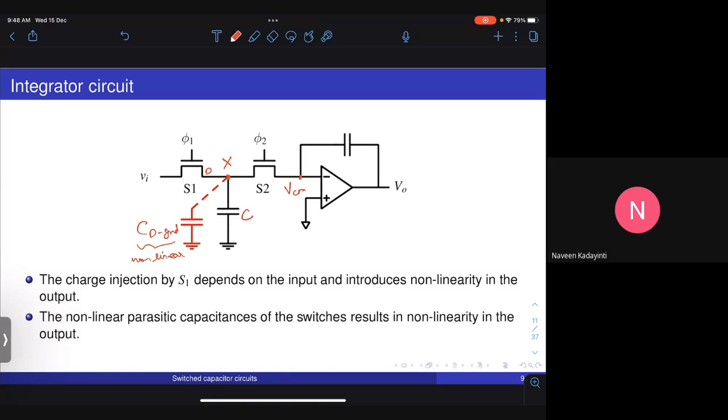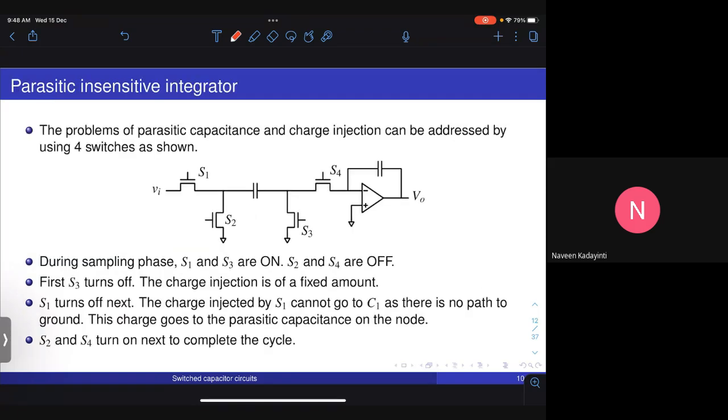Okay, so this can be addressed again by just using a smart combination of switches which are clocked in a particular sequence. So this is basically addressed by using 4 switches, S1, S2, S3, S4. So what is done is in the sampling phase, S1 and S3 are closed.